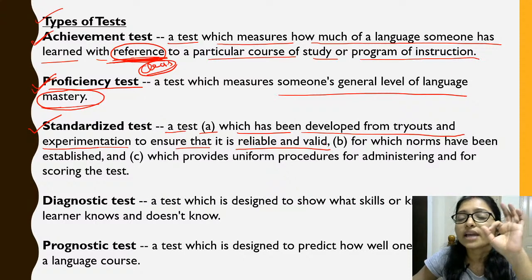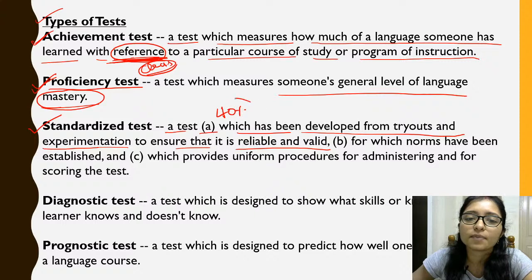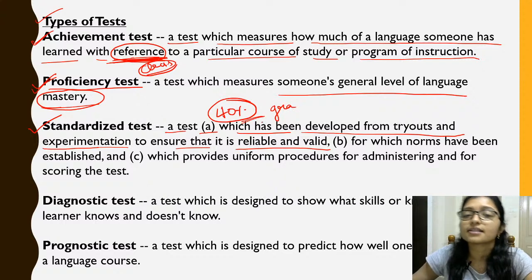Means we are fixing some standard, maybe we are fixing that 40% is the pass mark for graduation. For 40% marks means yes, this is the standard, means you are qualified, right?